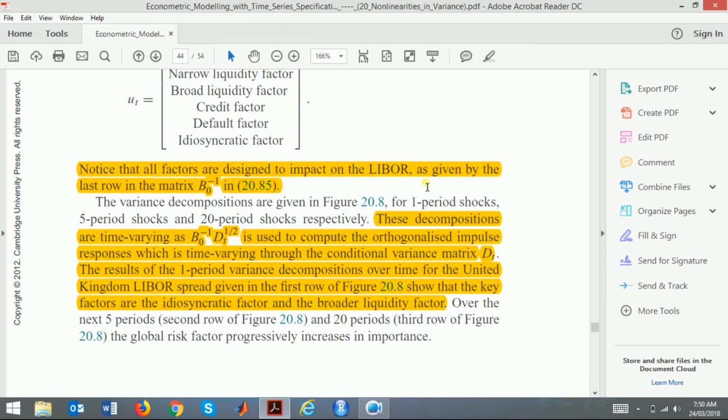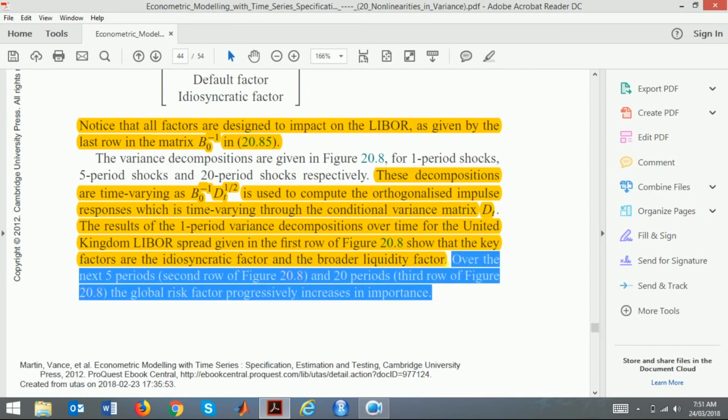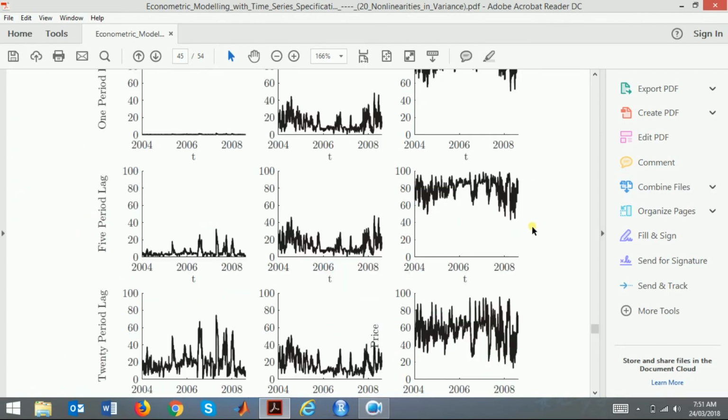These decompositions are time varying, as beta naught inverse root D times beta naught is used to compute orthogonalized impulse responses, which vary through the conditional variance matrix. The results of the one period variance decomposition over time for the United Kingdom LIBOR spread are given in the first row. Key factors are the idiosyncratic and broader liquidity factors, which progressively increase in importance. So this is like a variance decomposition using GARCH.